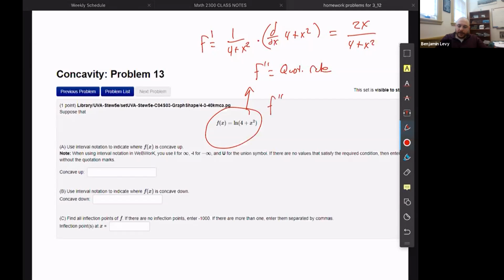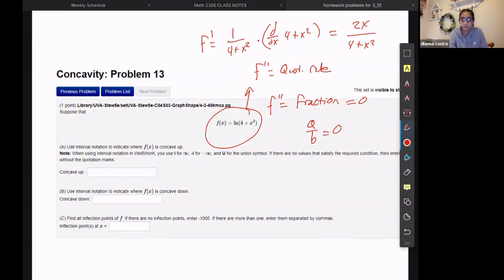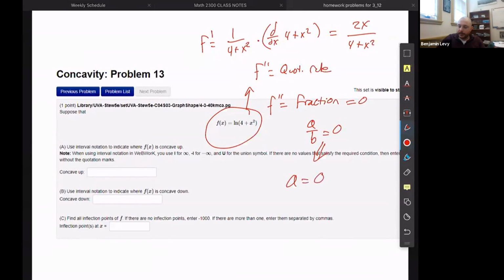Your second derivative is going to be a fraction, and you want that to be 0. How do you solve a fraction equal to 0? I think I mentioned this the other day, but it's good to mention again. Set the numerator. Yeah, you just want the numerator to be 0. So you might have some nasty denominator. All you want to do is just make the top be 0.